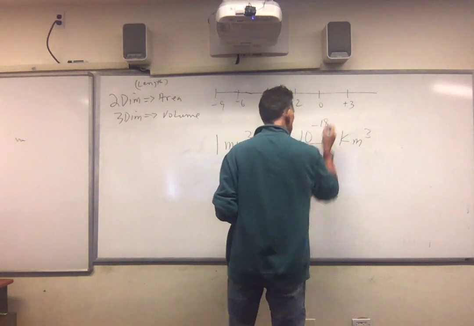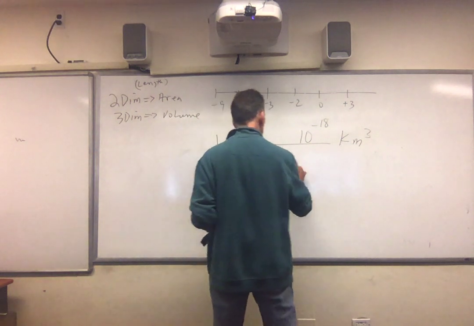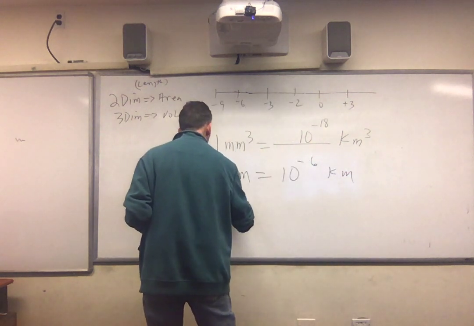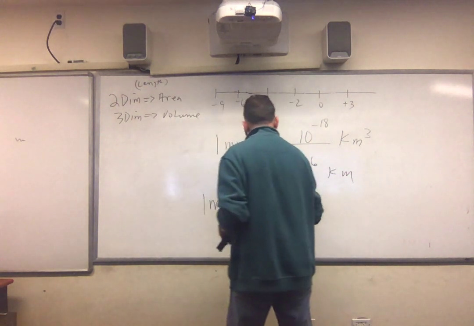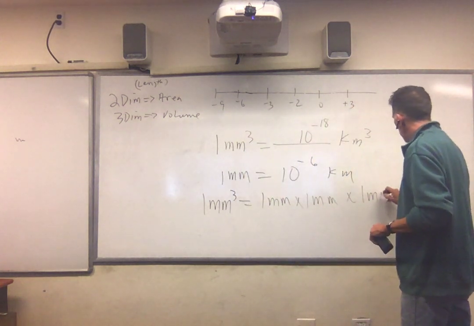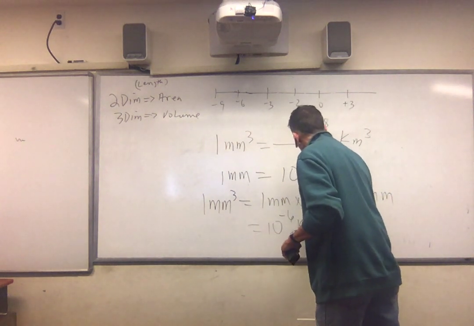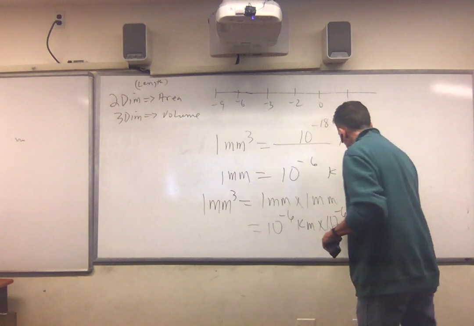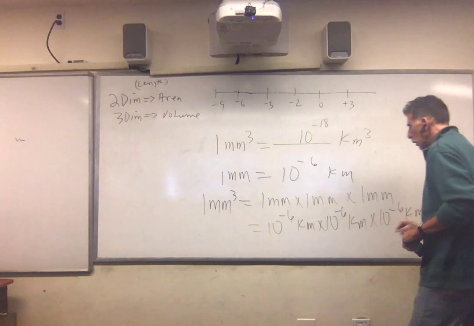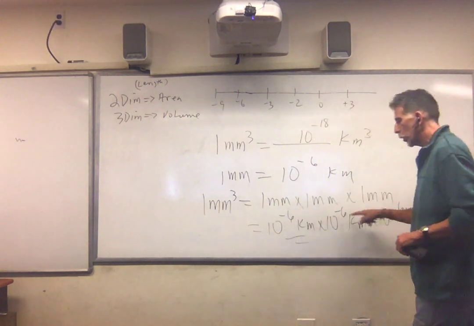Our rule for exponents, powers of 10, is we add them, don't multiply.